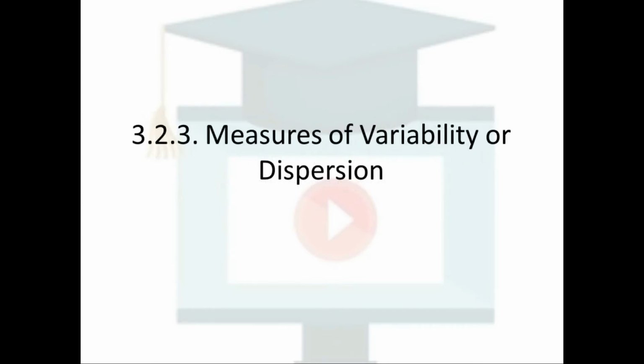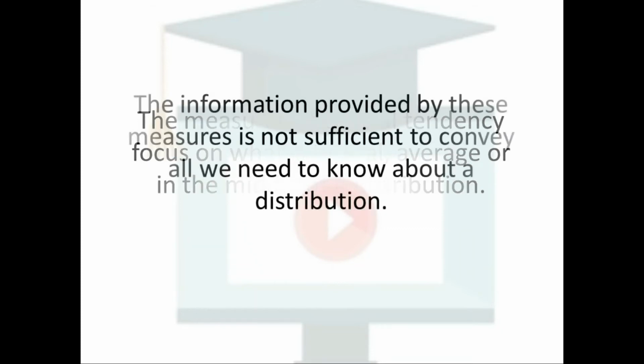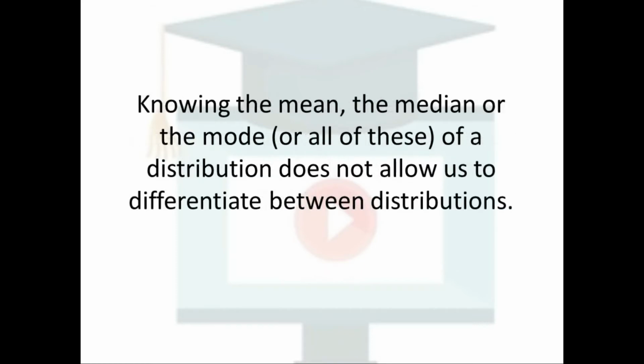3.2.3 Measures of variability or dispersion. The measures of central tendency focus on what is typical, average, or in the middle of a distribution. The information provided by these measures is not sufficient to convey all we need to know about a distribution.